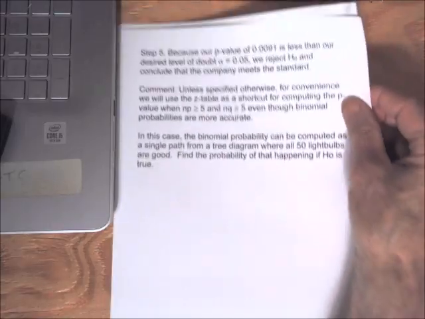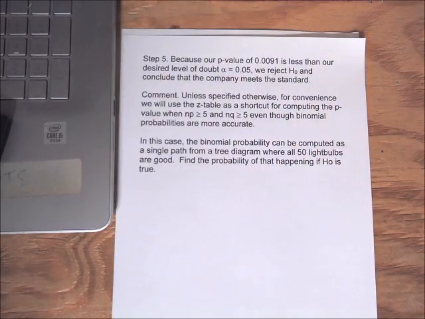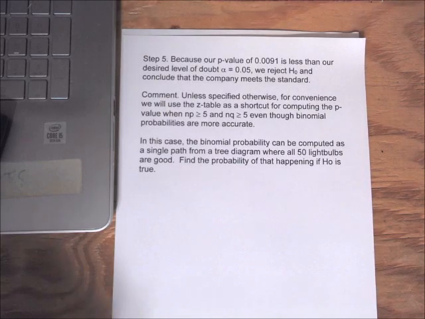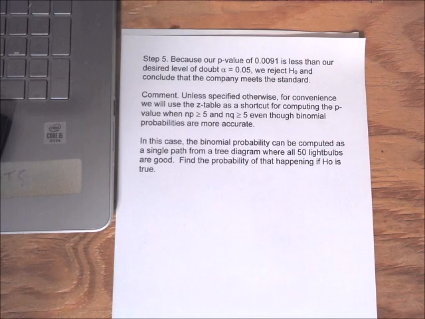Okay, so this one actually, we could use the exact probability using the tree diagram, because usually with larger samples it's not convenient to make a tree diagram because there's thousands or maybe even millions of paths.